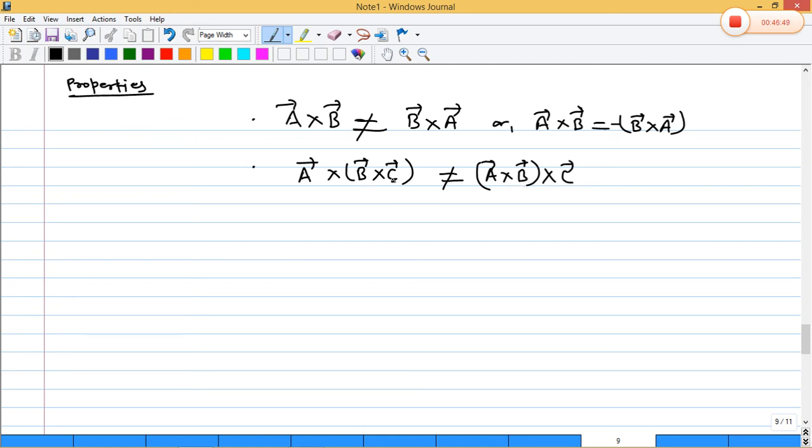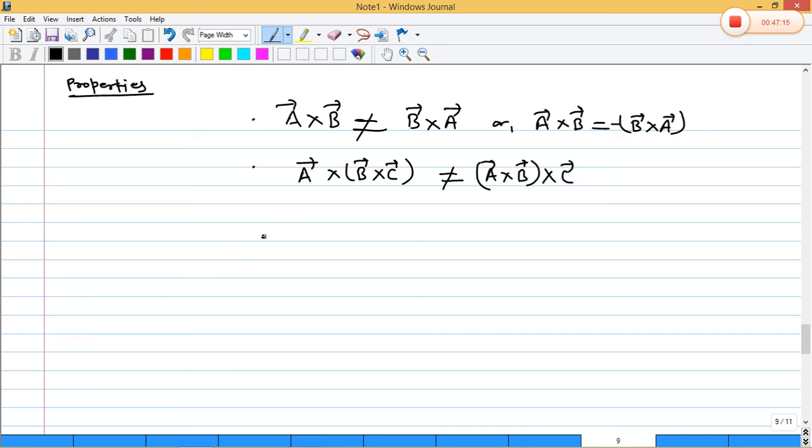If B cross C has a direction, suppose outward, and that outward direction is multiplied with another vector A placed in another plane, its direction may be along B, or along the plane in which C is placed. So we have to find it using the right hand thumb rule.